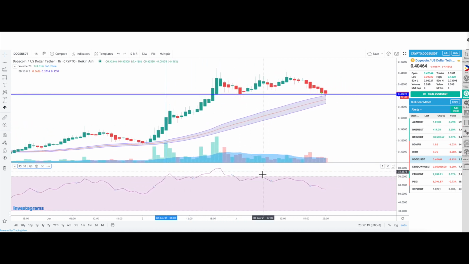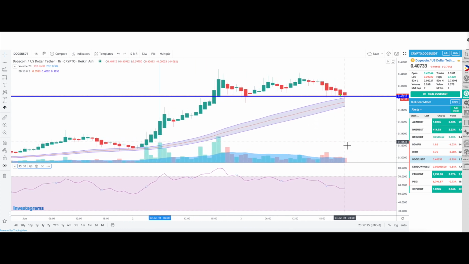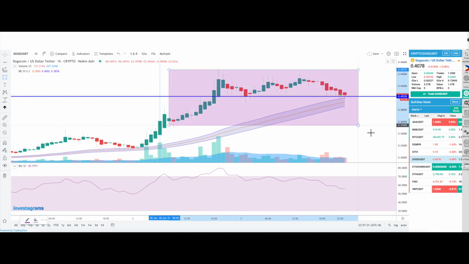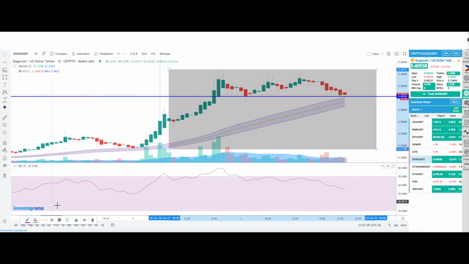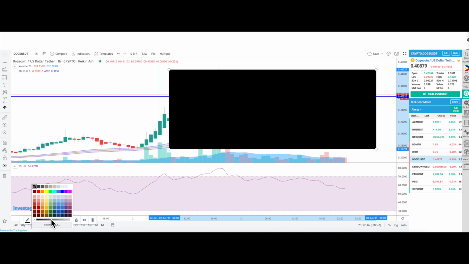Then we will magnify this chart by clicking the plus sign and magnify. There you go. Now we will assume that this particular part of the chart is not yet available, so we will color it dark, even darker like that.